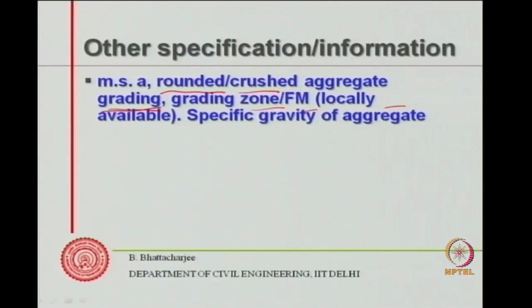These informations are important. Now these are important from the point of view of availability of aggregate, because one would like to use locally available aggregate to minimize the cost of the concrete and all other transportation related negative aspects, for example energy consumption in transportation and so on and so forth.